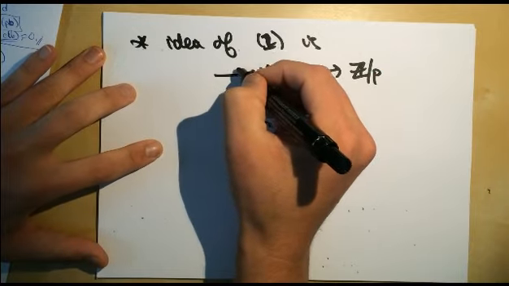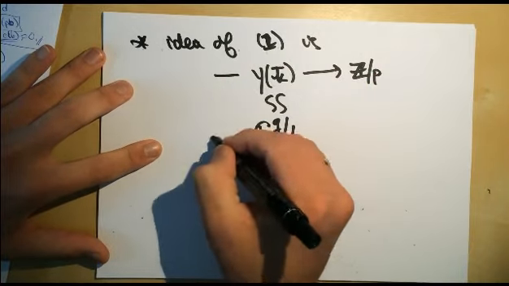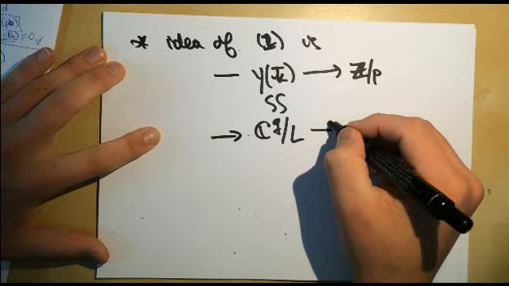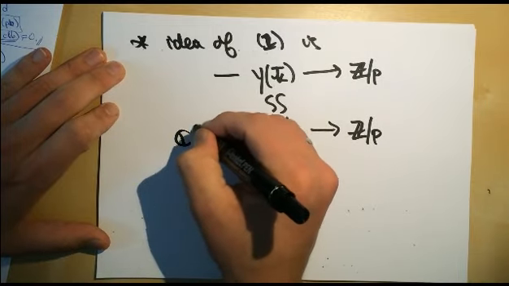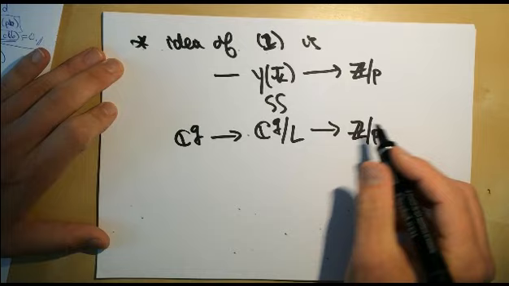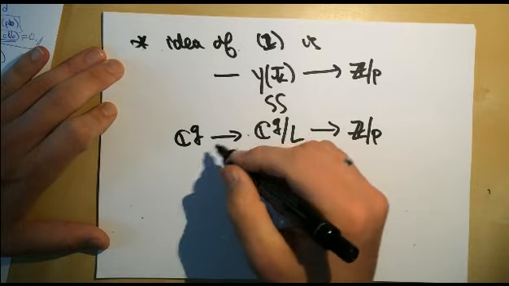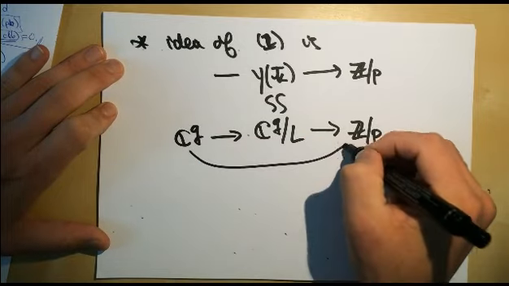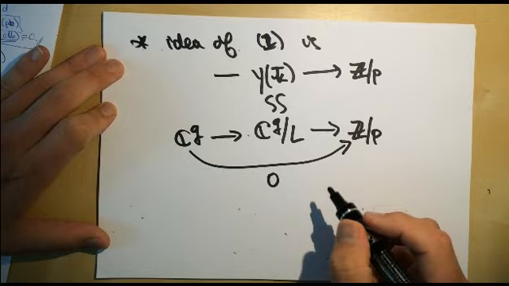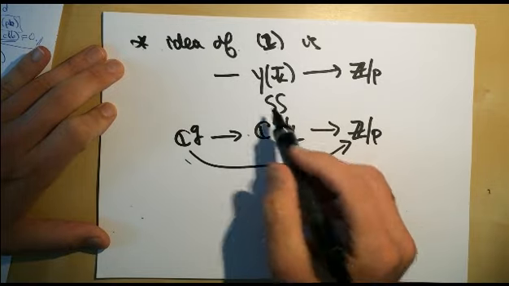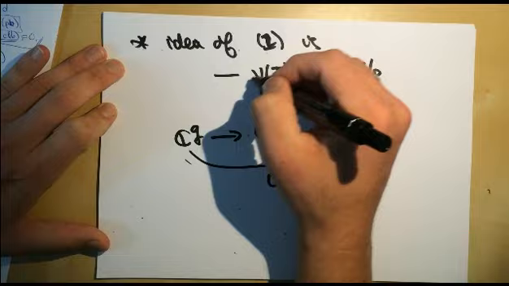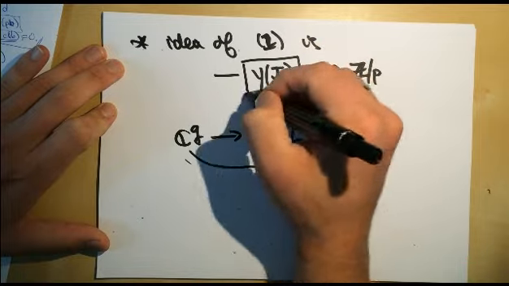But here we could have actually Z mod p. Well, you can take something from C to the g to here, and there's actually no maps. The only maps from here to here are 0. This is always the 0 map. Since this is always the 0 map, that means this has to be the 0 map. Okay, so if we could write this as the quotient of something, this would be okay.